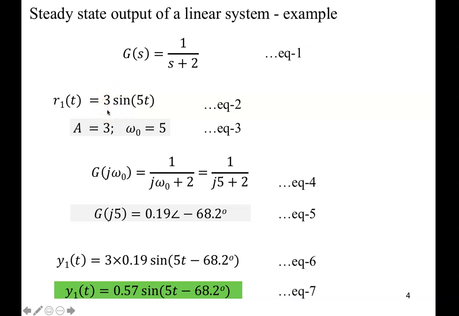The second one we want to find is omega naught. That's the frequency of the sine wave, which is the coefficient of time t. So that's 5. The third one is the initial phase angle of the sine wave. This is a number that normally comes after the t. In this case, we don't have a number coming after t. Therefore, the initial phase angle is 0.